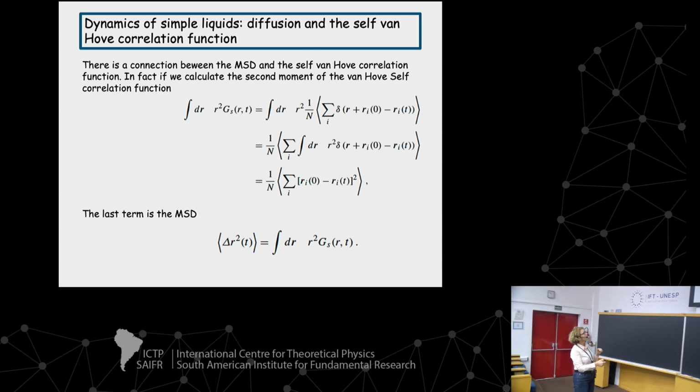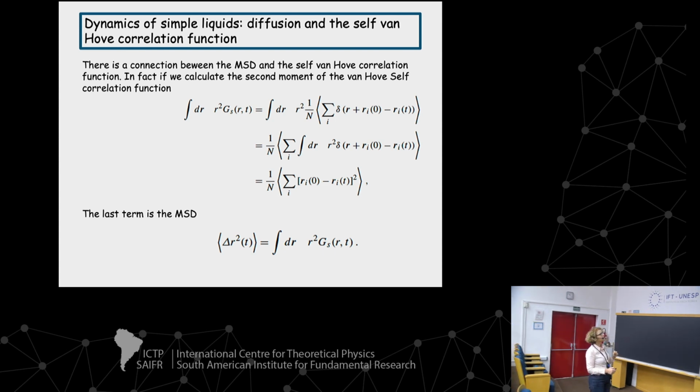So for example, what is the connection between the mean square displacement and the Van Hove correlation function? Well, if we calculate the second moment of the Van Hove self-correlation function, moments are defined, in physics and also in mathematics, as follows: the second moment is the integral over all space of the function times r squared, and then the third moment would be r cubed, and so on.